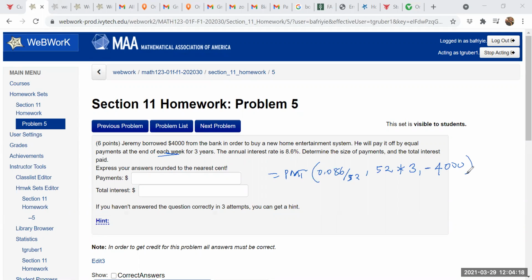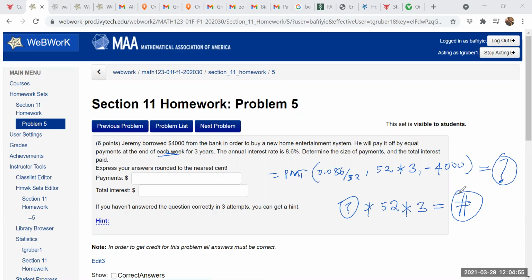amount. Is that okay? Now, whatever you get for your payment amount, assuming you have that, and you want to know the interest over the period, this amount you had from your Excel function multiplied by 52 and multiplied by 3, okay, will give you how much Jeremy will pay over 3 years.